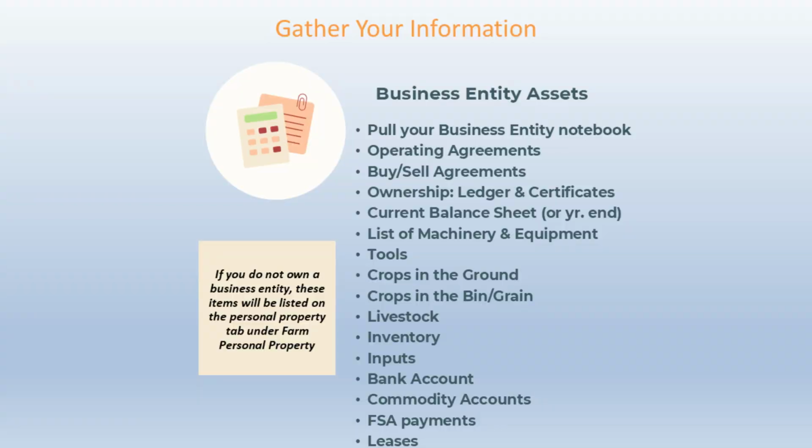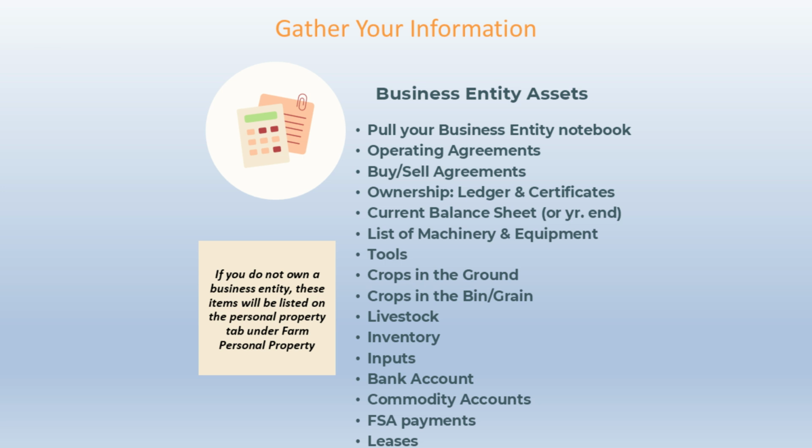First, we will start with collecting your entity documents. These are operating agreements, partnership agreements, bylaws, or buy-sell agreements you may have for your entity. Not all entities will have these documents, but be sure to check to see if you have them for your entity.